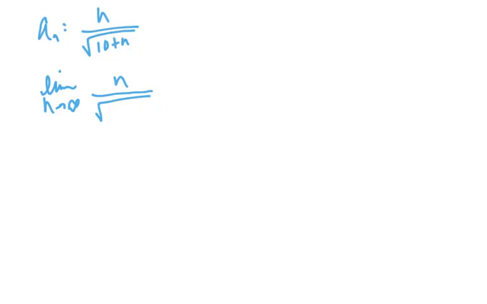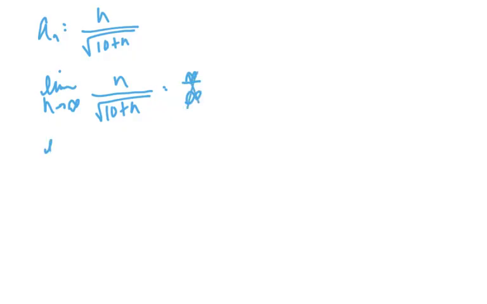So let's look at the next one. It says a sub n equals n over the square root of 10 plus n. So let's look at the limit as n approaches infinity of n over the square root of 10 plus n. So if we plug in infinity, we have infinity, and infinity plus 10, and the square root of that is still infinity.